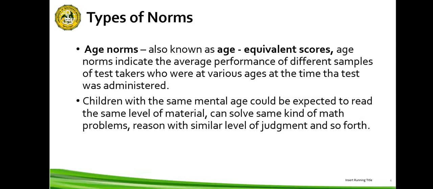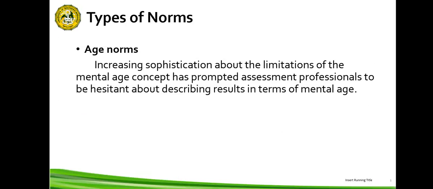Now, the reasoning here, why the result is like that, is that irrespective of chronological age, children with the same mental age could be expected to read the same level of material, solve the same kinds of math problems, reason with a similar level of judgment, and so forth. Okay, increasing sophistication about the limitations of the mental age concept has prompted assessment professionals to be hesitant about describing results in terms of mental age.